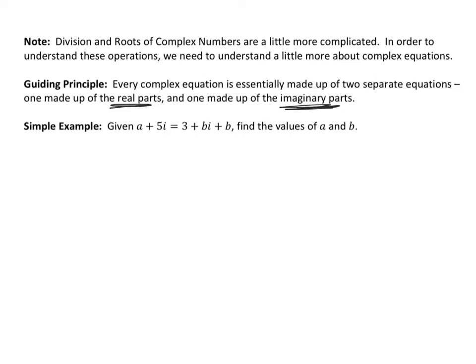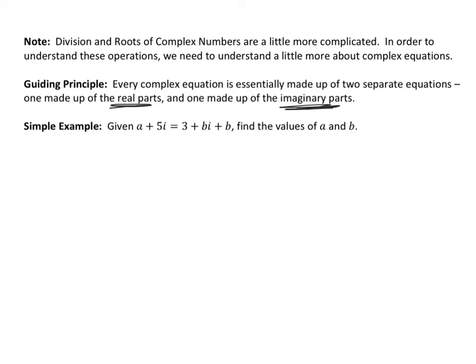Imagine that I told you that a plus 5i was equal to 3 plus bi plus b, and asked you to find the values of a and b. Okay? The idea here is if these things are going to be equal to one another, the real parts have to be equal and the imaginary parts have to be equal to one another, right?